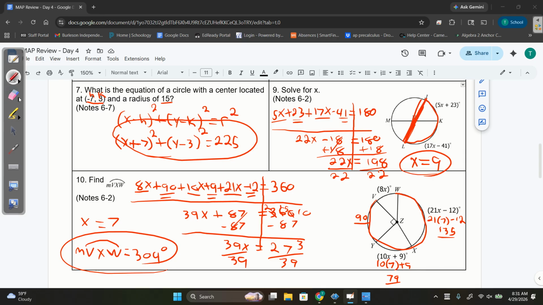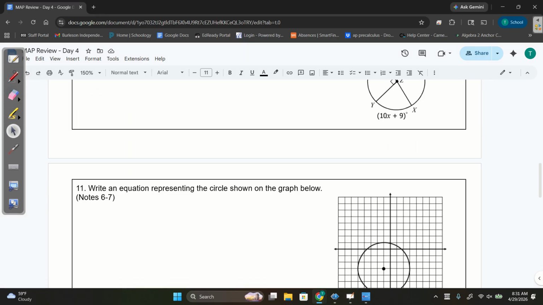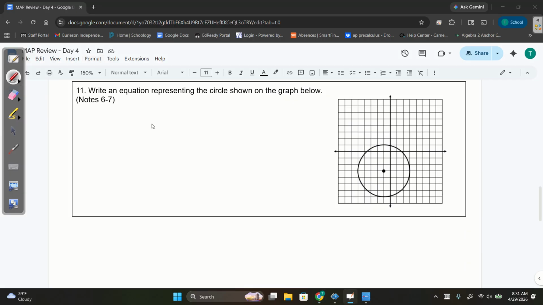Last problem on the back. Write the equation representing the circle shown in the graph below. Now remember, the equation for a circle is x minus h squared plus y minus k squared equals the radius squared. H and k come from the center.